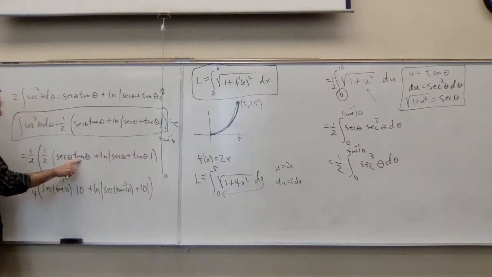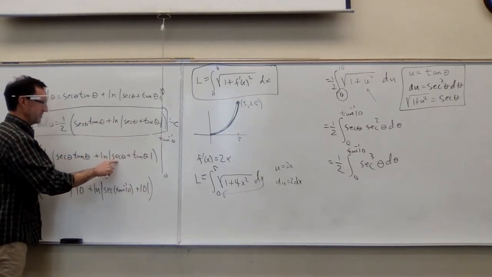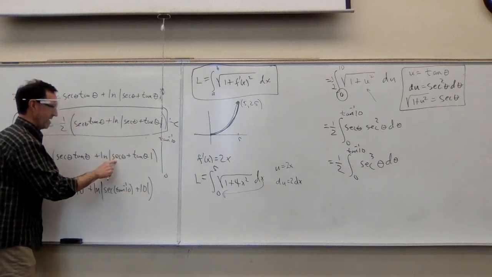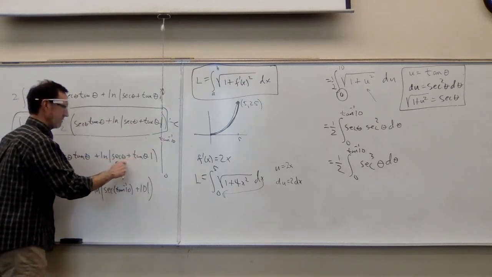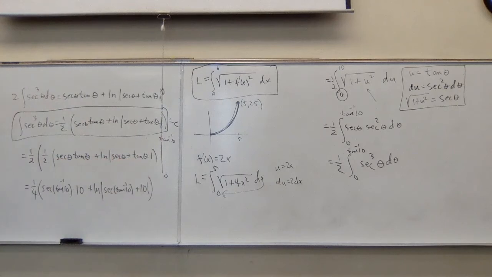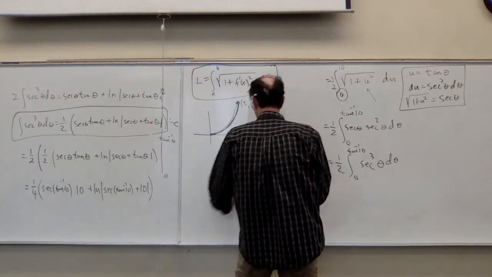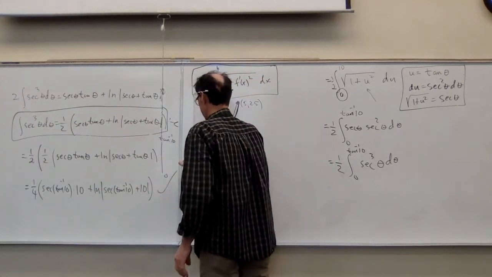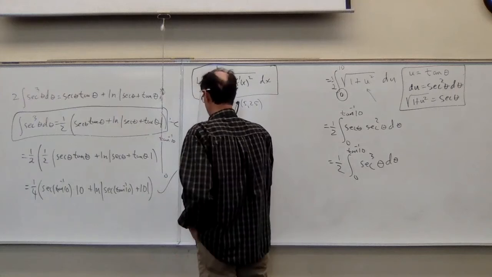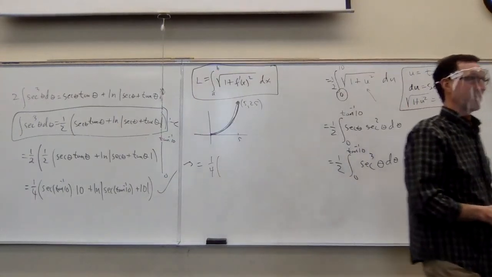This wipes out the first term. The secant of 0 is 1. Tangent of 0, 1 plus 0 is 1, the log of 1 is 0. So nothing at the lower limit. One-fourth, almost done. We can pretty that thing up a little bit.